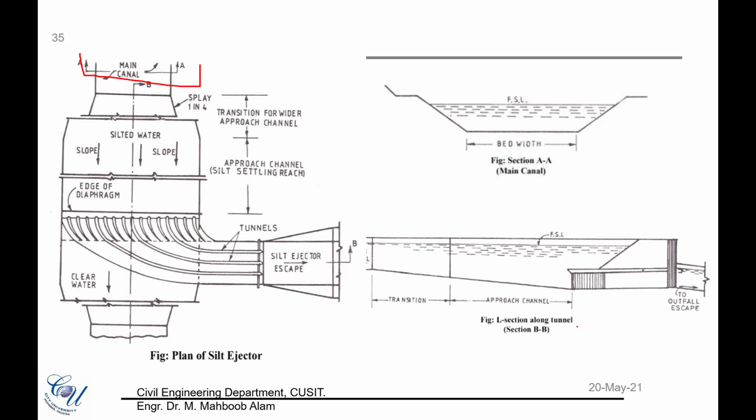And then this is the cross section right at the silt excluder. You do see that this is now the bed of the river. It is made in such a way that the water is sloping towards the silt excluders. The silt is settled in this particular area, and then from this area the silt is excluded from the river network to an outfall escape.